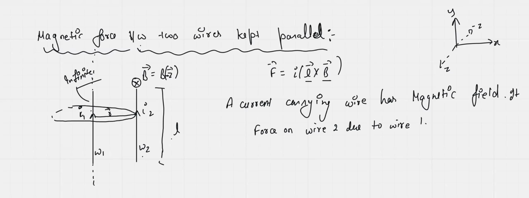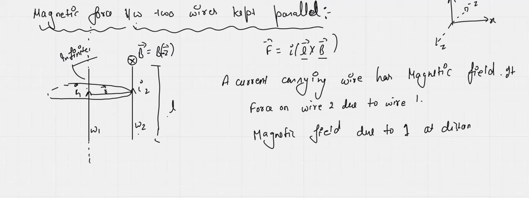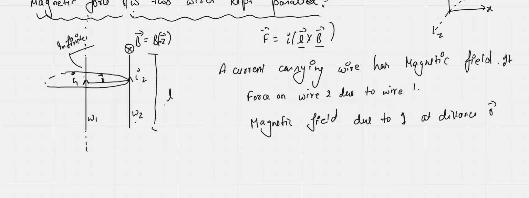So the magnetic field due to 1 at distance r will be nothing but, what will be the value of the magnetic field?